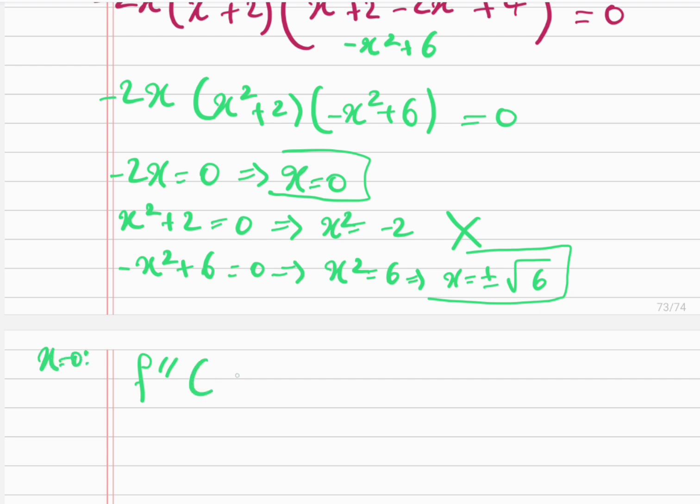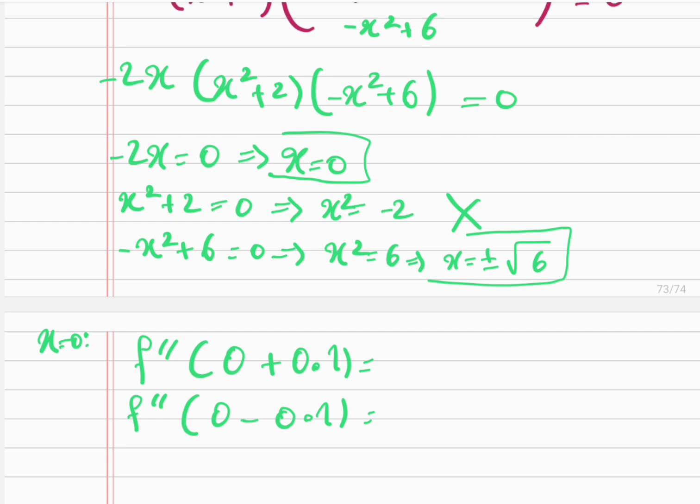So we are going to see what's the value of the second derivative just before and just after. So we basically add and subtract a very tiny amount to that root, and then find the value of the second derivative at that point. So the idea is that if we get a positive and negative value, then that's fine. There is a change of sign, and that means this is a point of inflection.